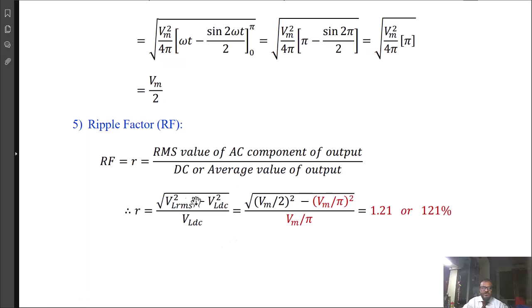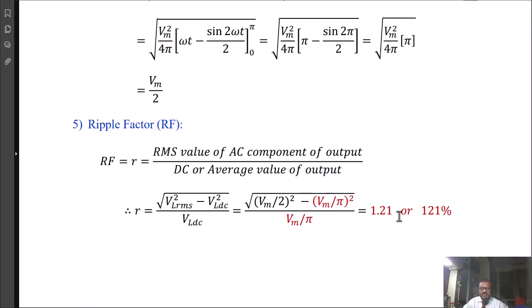The RMS value of the AC component is given by under root VLRMS square minus VLDC square, and the average DC value is given by VLDC, and therefore the ripple factor is given by this expression. Substitute the value of VLRMS as Vm by 2 and VLDC as Vm by pi and simplify. We are getting the ripple factor as 1.21 or 121%.